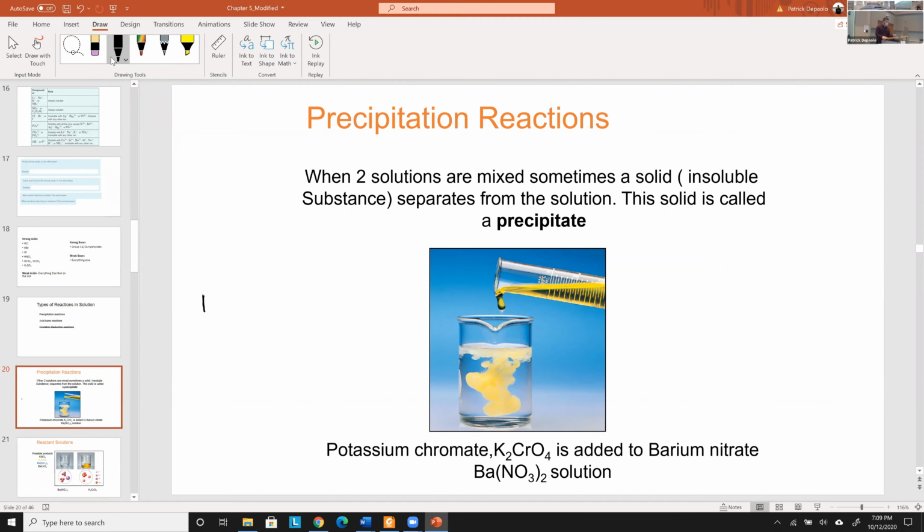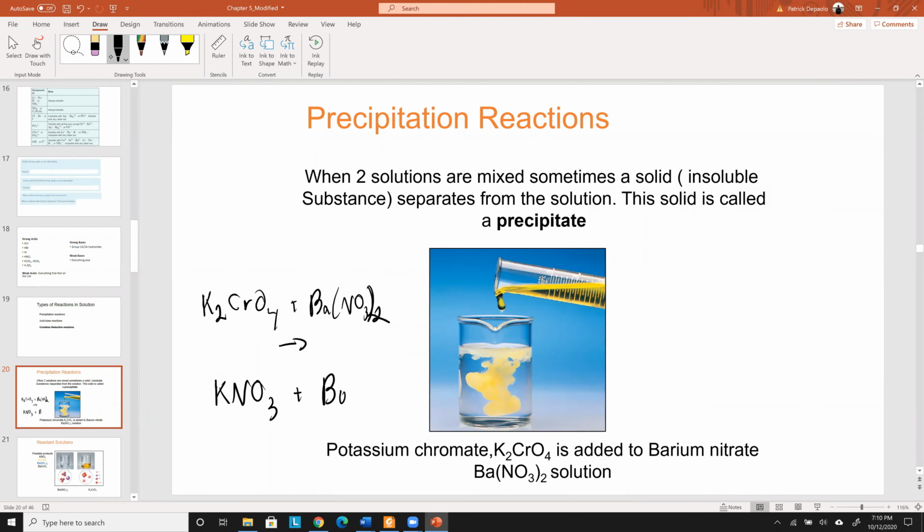So we have K2CrO4 plus Ba(NO3)2 is going to yield. So what happens with this reaction is the cations will switch, or the anions will switch, however you want to look at it. And you'll end up with KNO3 plus barium chromate.